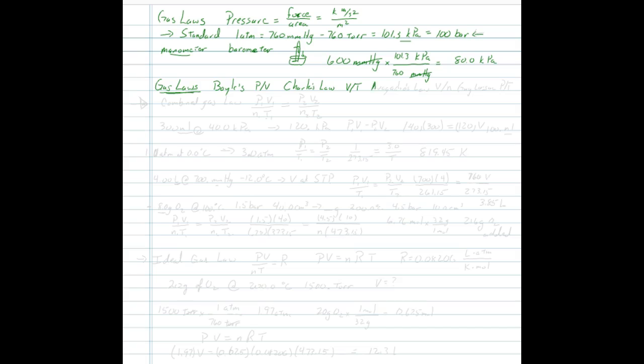Avogadro's law, volume and number of moles are directly proportional. This is like blowing air into a balloon. When you blow more air particles in it, the volume goes up. That's the relationship between volume and number of moles.